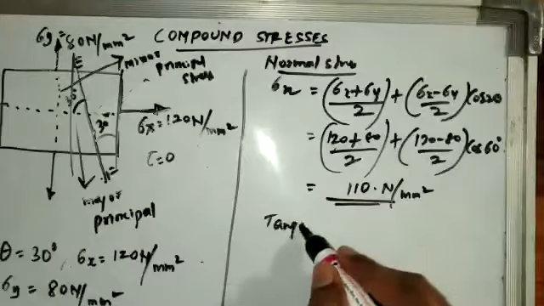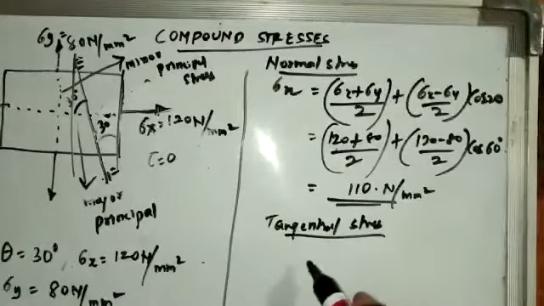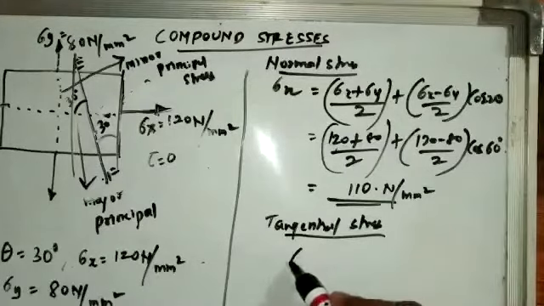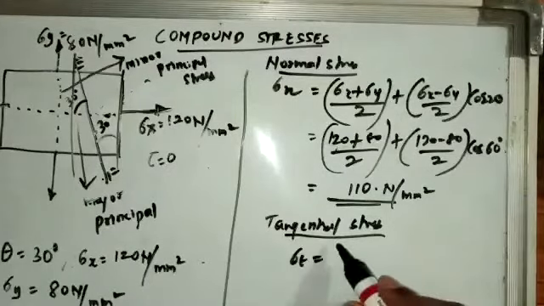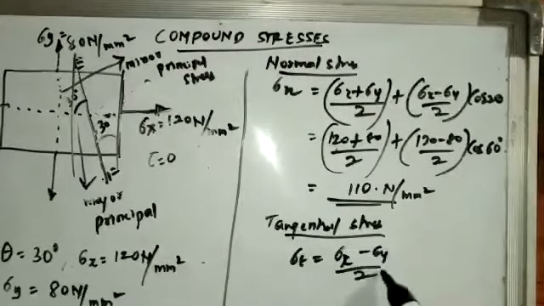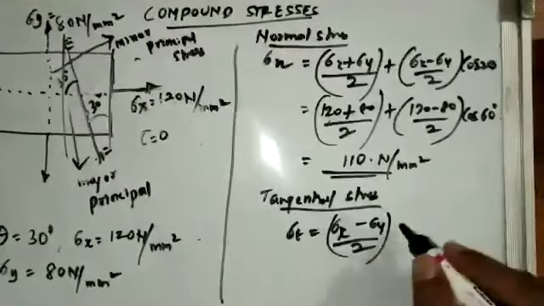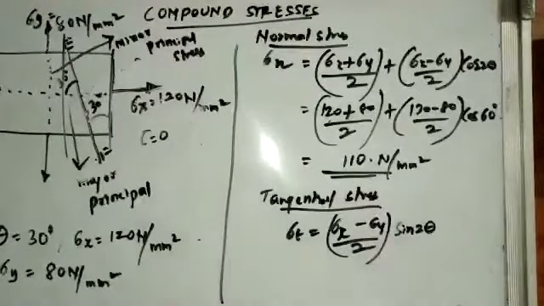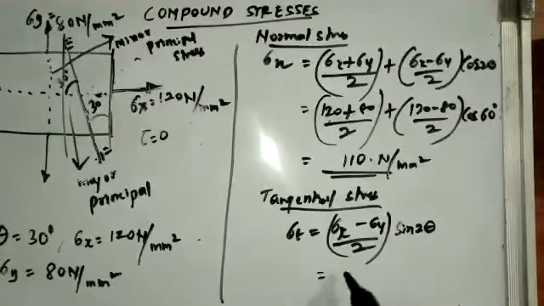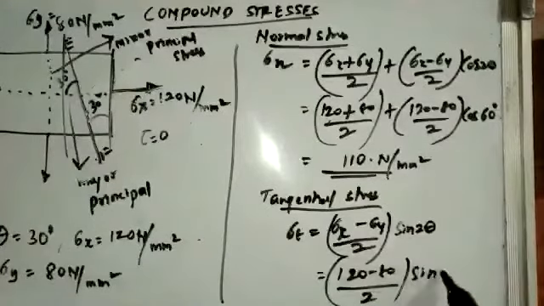Next, find out tangential stress. What is the formula of tangential stress? Sigma t or tau t. Sorry, sigma x minus sigma y by 2 sine 2 theta. Sigma x is 120 minus sigma y is 80, by 2, sine 60.